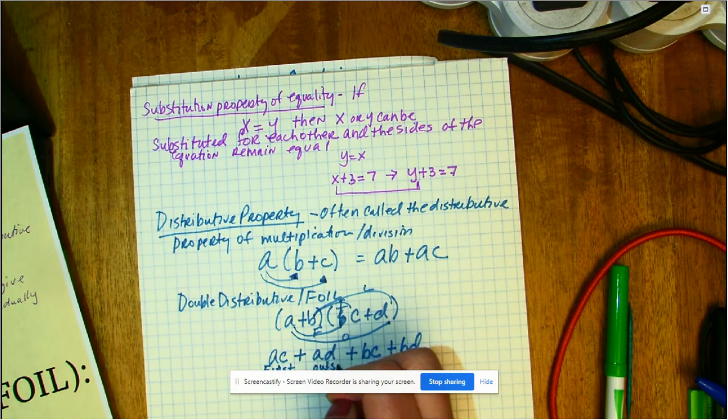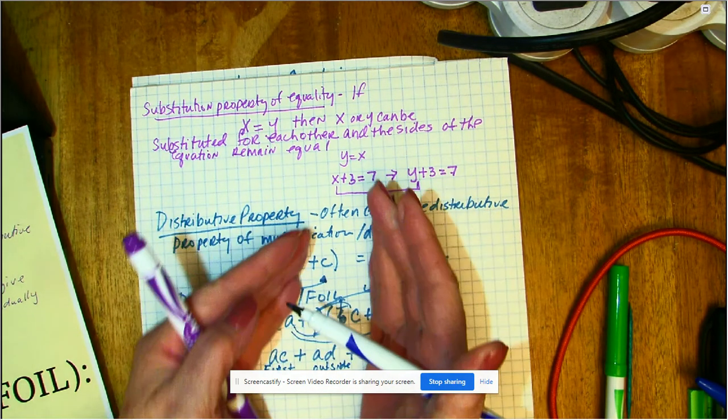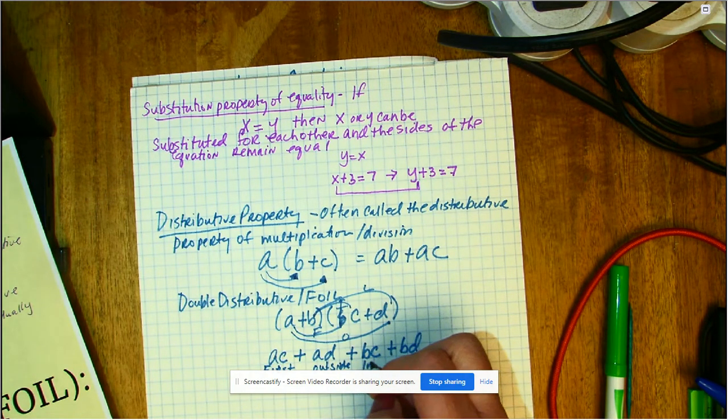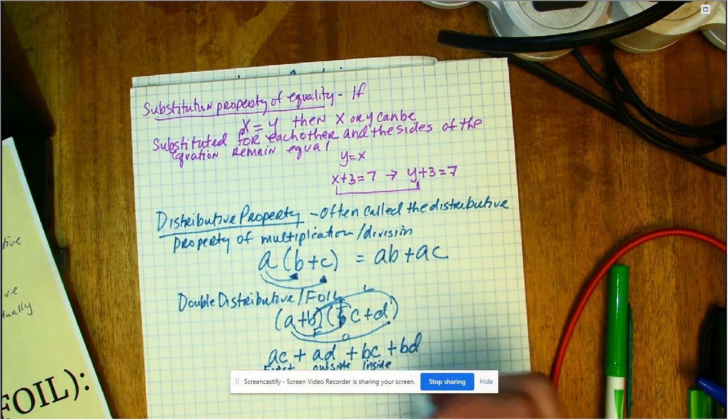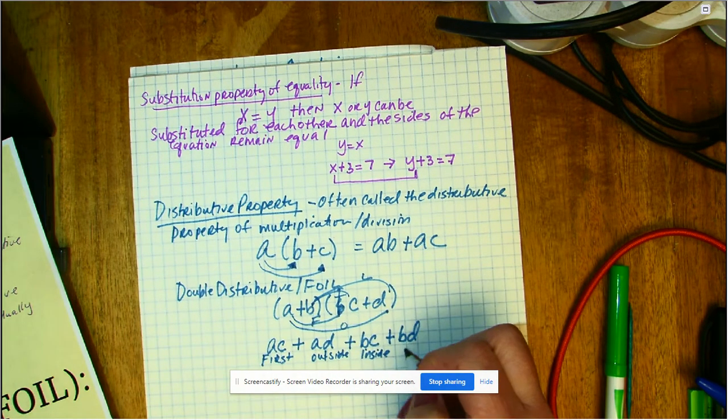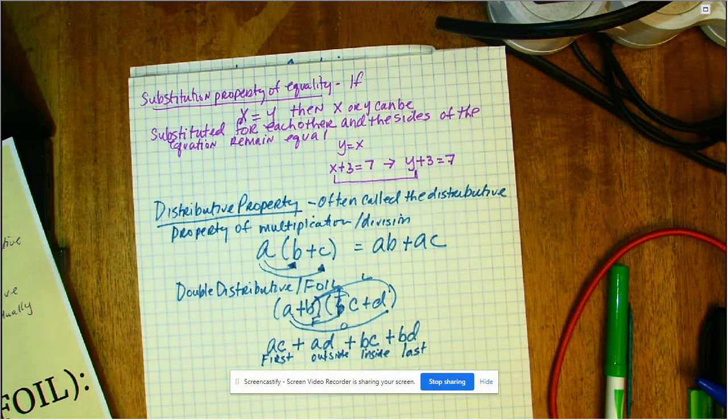Outside, imagine if you have your hands outside, the outside from each parenthesis. Then the inside, because if you are not outside, you have to be inside. So the inside two. And the last terms in each parenthesis.